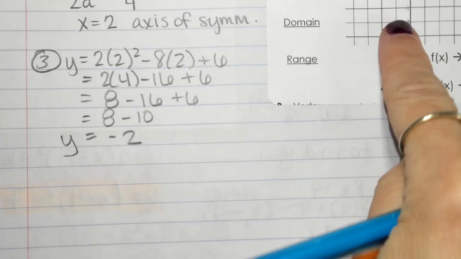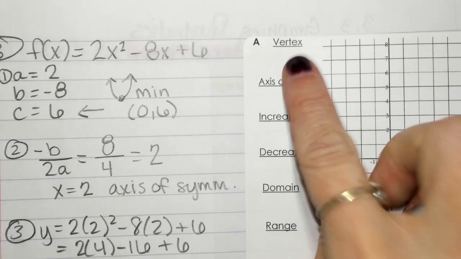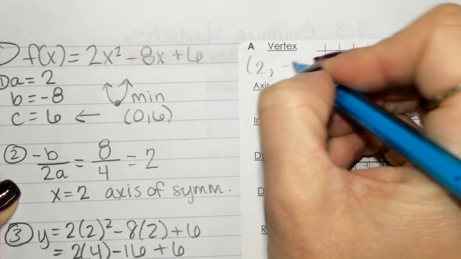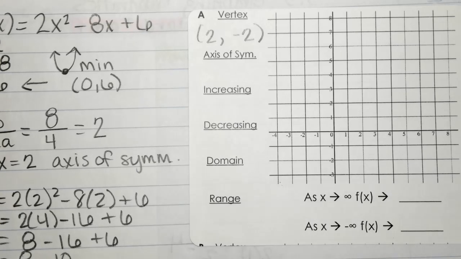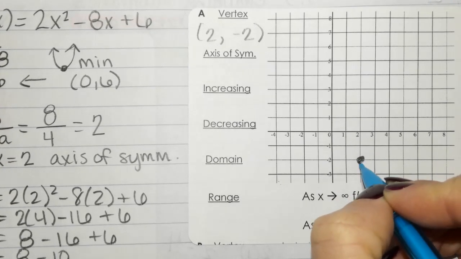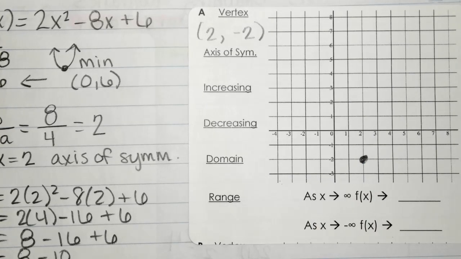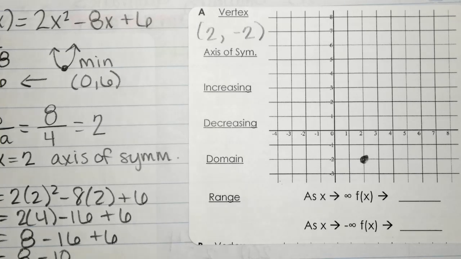So now we can jump over to our graph. The very first thing I'm asked to identify on the graph is the vertex. I know my x is 2, and when my x is 2, that y is -2. So I can go plot that point, 2, -2.